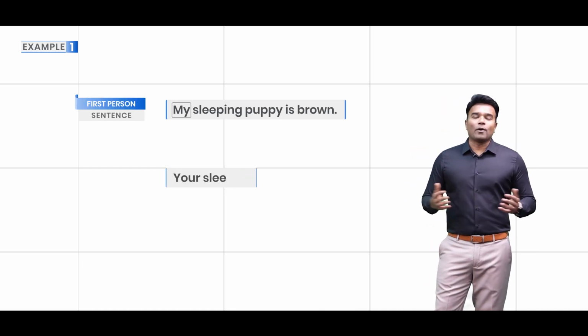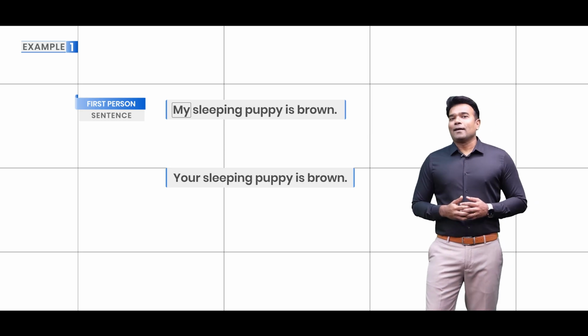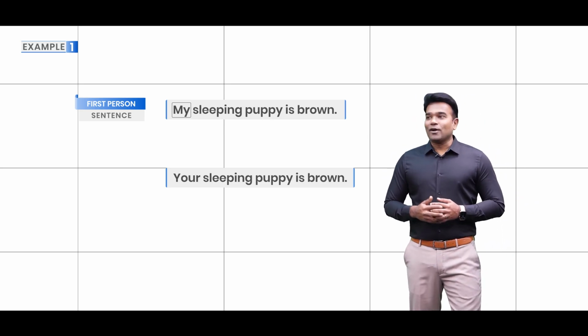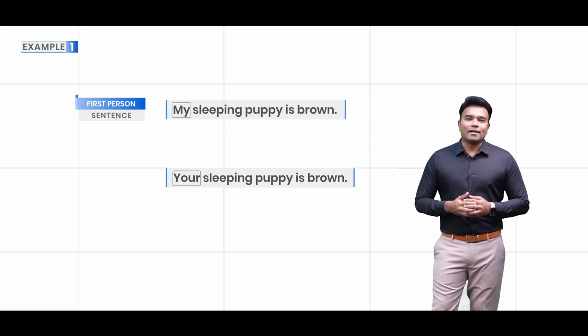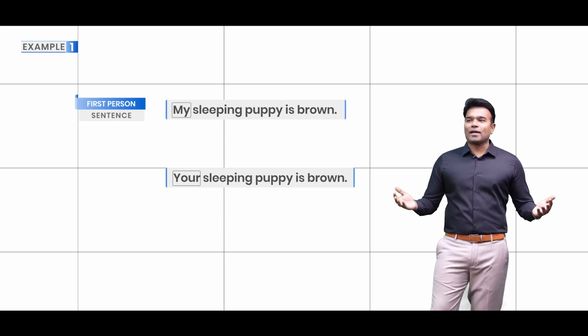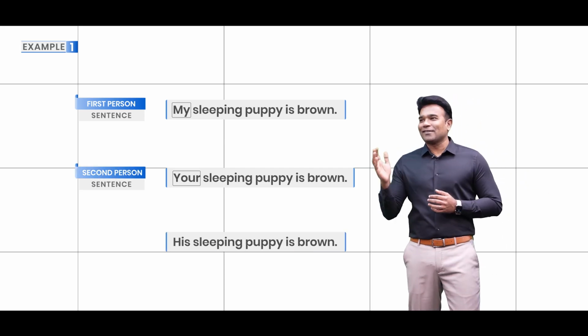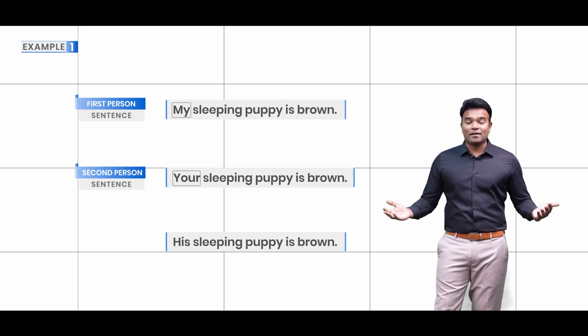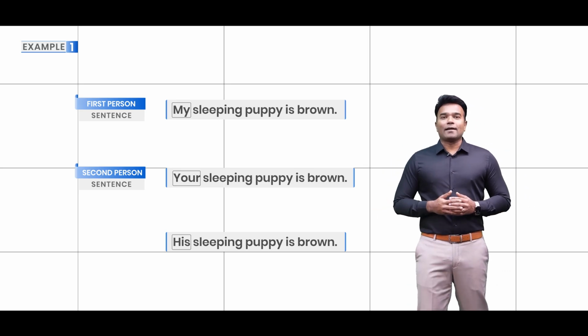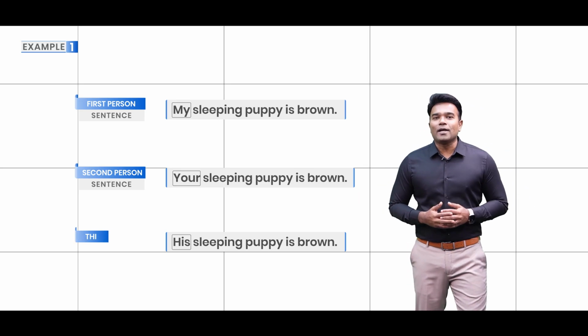But then have a look at this sentence. In this, you can notice the word your, which indicates that this sentence happens to be a second person sentence. And then have a look at this. Here the word his indicates that this sentence happens to be in the third person.